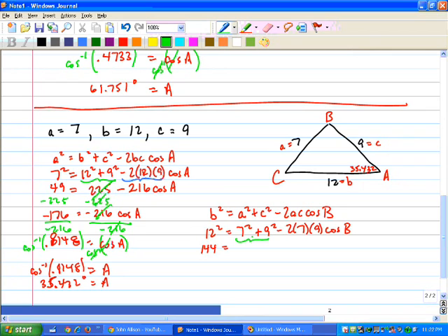Again, we figure out what 7 squared plus 9 squared is. That's 130. Then what's negative 2 times 7 times 9? That's negative 126. And recall that's still tied together with cosine B by multiplication. So now we subtract 130 from both sides. Get 144 minus 130 is 14.